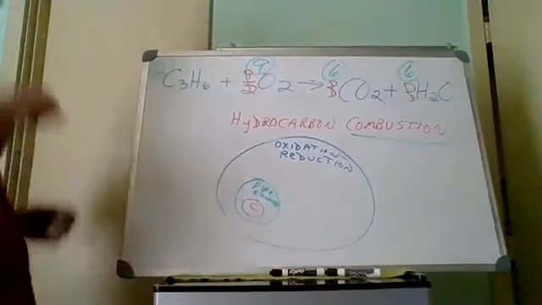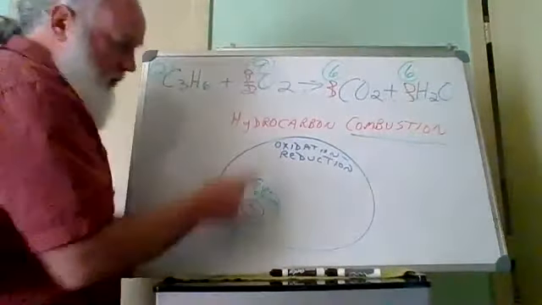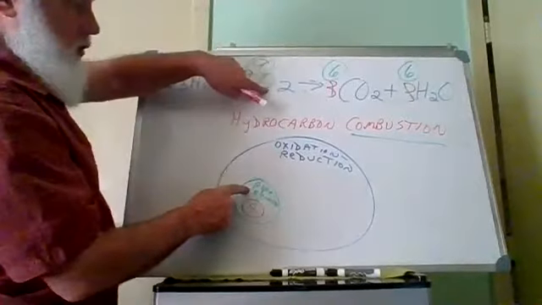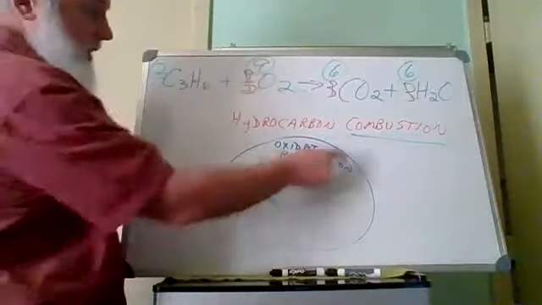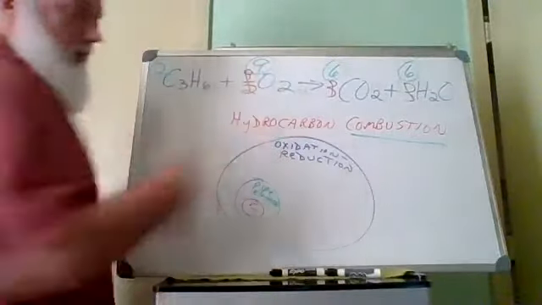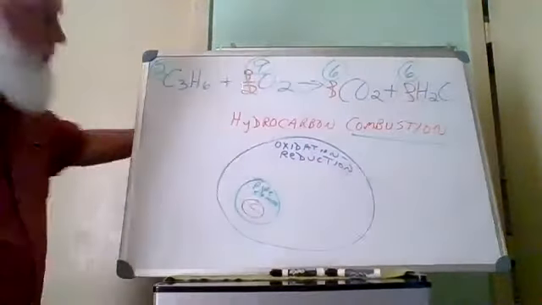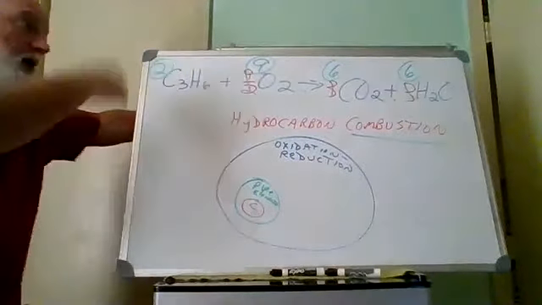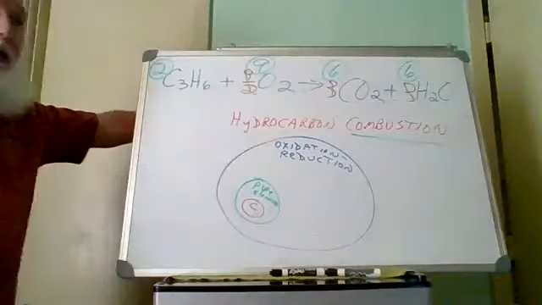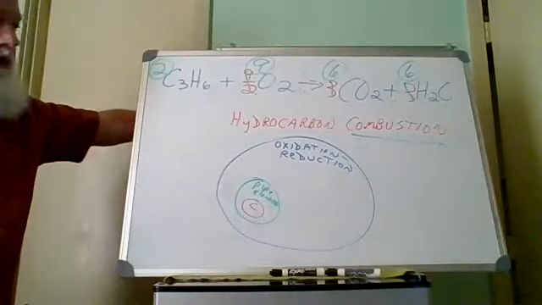All combustion reactions contain a pure element, O2. Since they have a pure element, that makes them an oxidation-reduction reaction. So electrons are being transferred between atoms here, even though these are all molecular compounds.